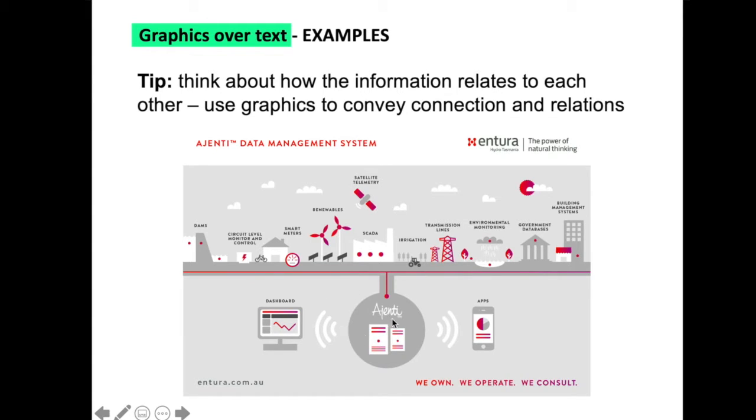And it's talking about how their product is connected to a dashboard and applications and how it all brings everything together. Now, this graphic doesn't give me a lot of details about how the different elements are brought together, so it's not necessarily the best example, but it's one way to show how you can summarize information and add more detail in your presentation, for example.